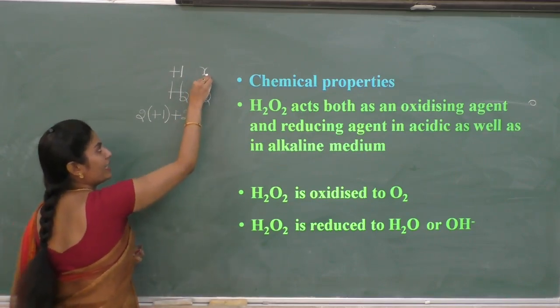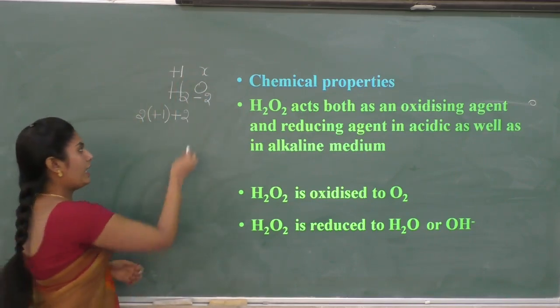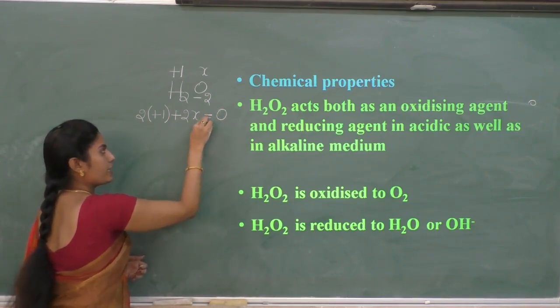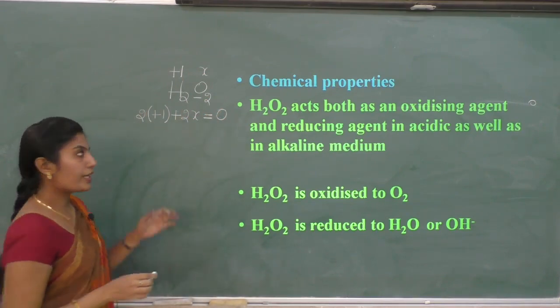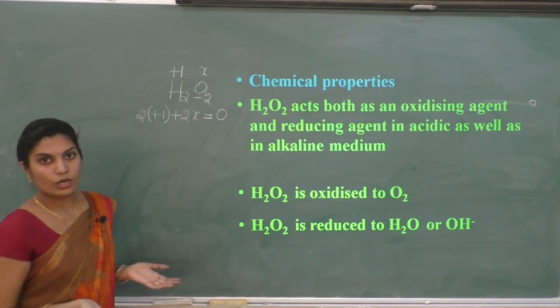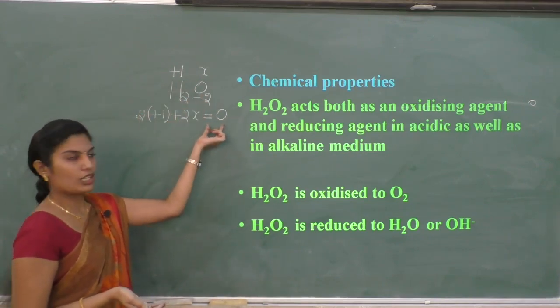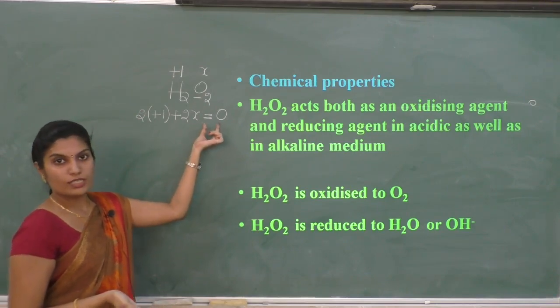We don't know it, so let us consider it as x. The sum is equal to 0 because the compound is a neutral compound. It does not contain any charge. Therefore, it is equal to 0.